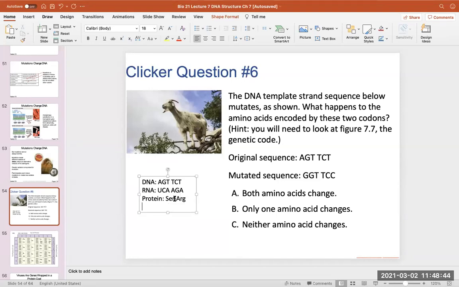Now let's work on the mutated sequence. For the DNA sequence, you have GGT and TCC. For RNA, what are you going to have for GGT?